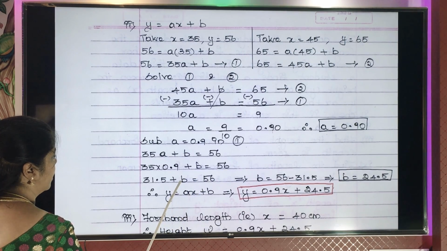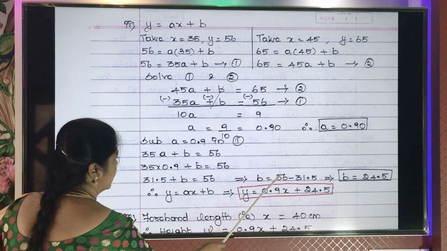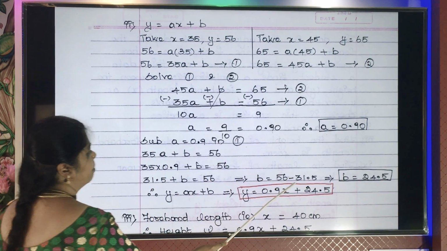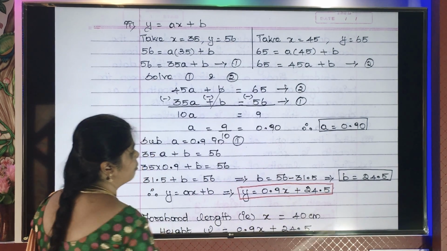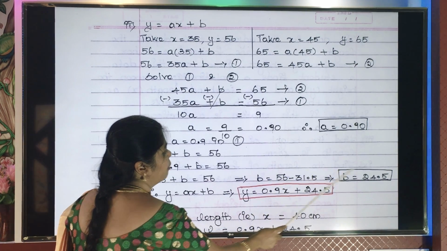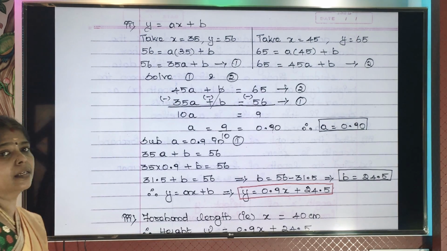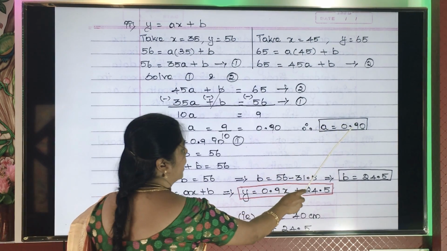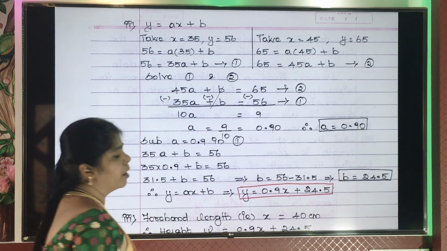Keep b alone here, already 56 is here. Take this 31.5 to the other side. It becomes minus 31.5. Now from 56, if you subtract 31.5, the answer for b is 24.5. So when a is 0.9, b is 24.5.